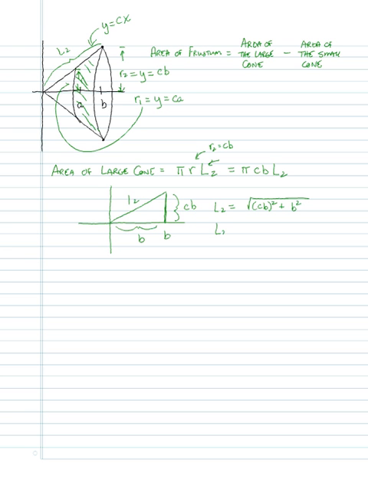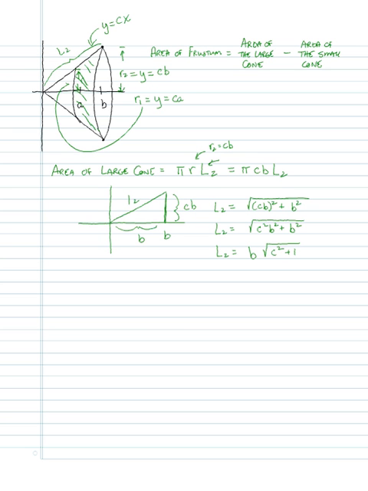But look what this tells us. If we square c b, we get c squared b squared, and then plus b squared. And notice that b squared is a common factor there. So when we factor b squared out, we can take the square root of it and get b, and what we're left with is the square root of c squared plus 1.